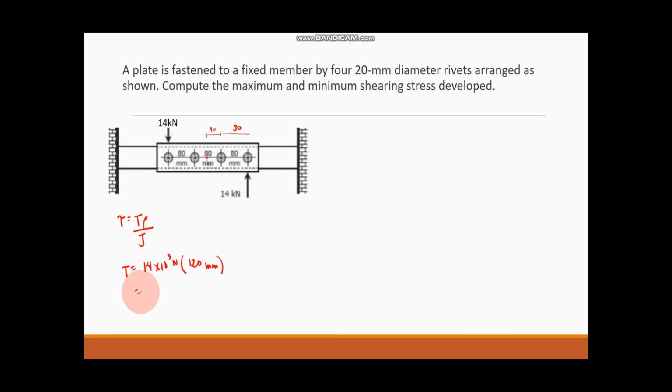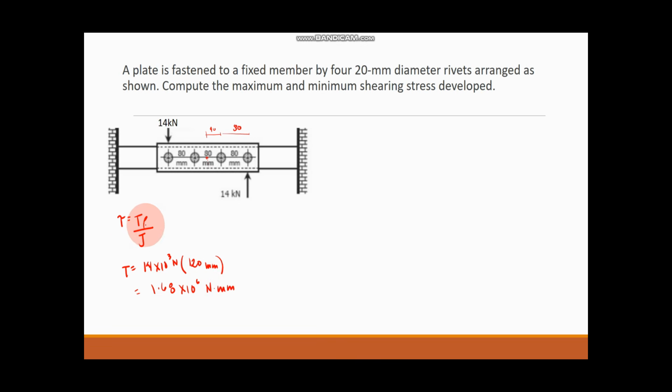So the torque is equal to 1.68 times 10 raised to 6 newton millimeter.